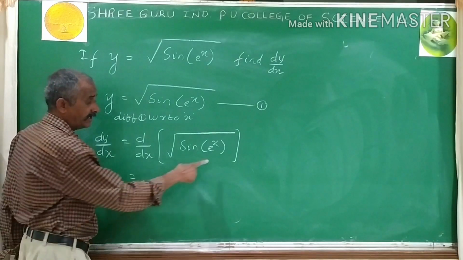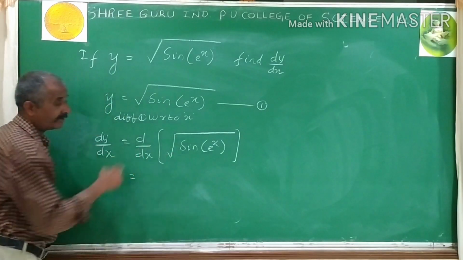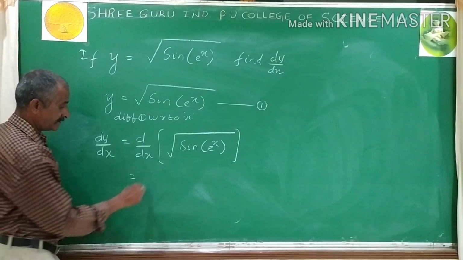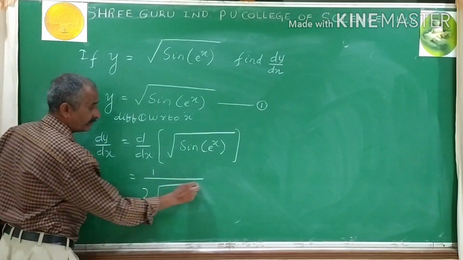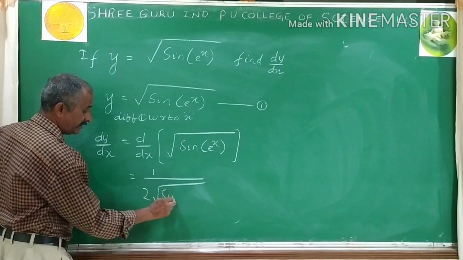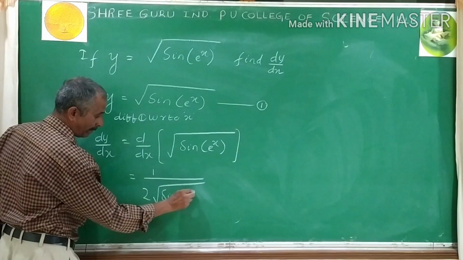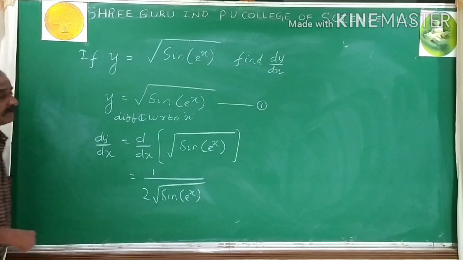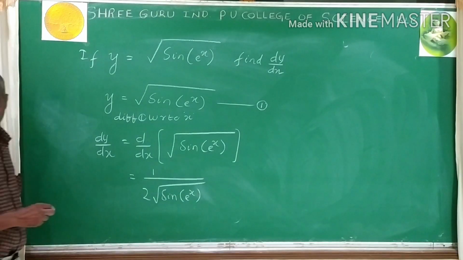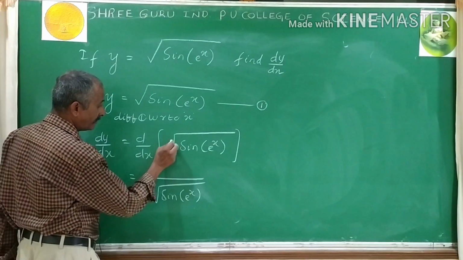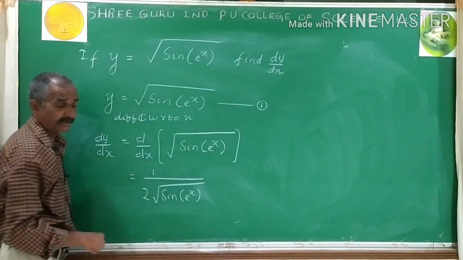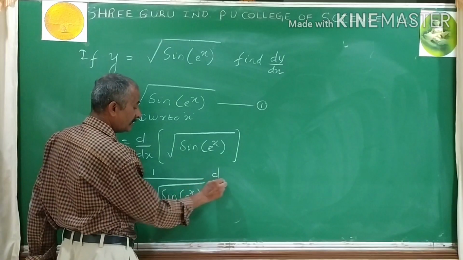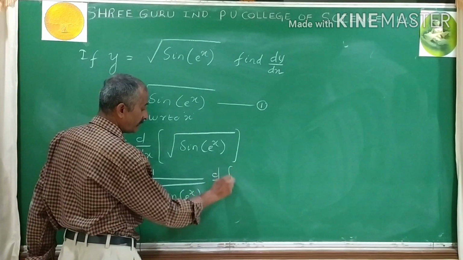Only thing, instead of x we have sine of e power x. Answer: 1 by 2 into root of sine of e power x. Don't stop. What do we write? Only differentiation of the root function is over, followed by differentiation of sine of e power x.